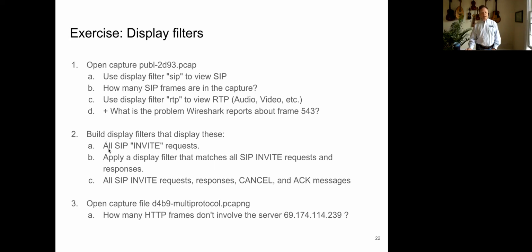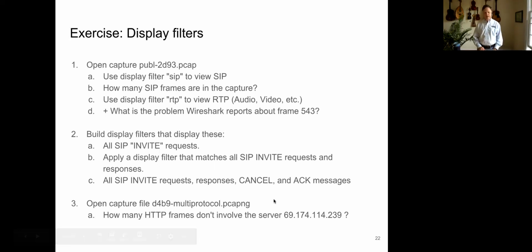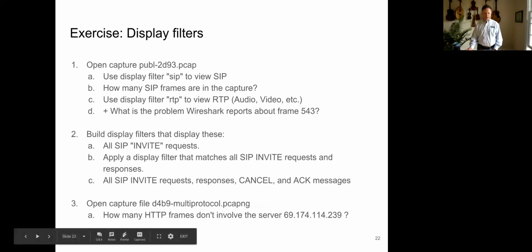And then I want you to take these challenges to build display filters that show these different things here. And then in a different file, if you've got time, see how many HTTP frames don't involve a particular IP address.